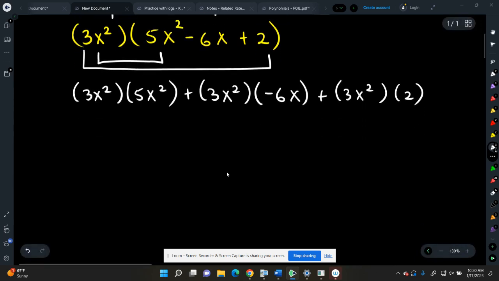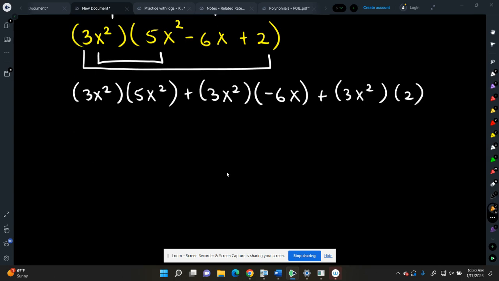Now we're going to actually do this multiplication. When we multiply 3x squared times 5x squared, what do we get? Good, 15x to the fourth. Remember, when you're multiplying the same base, you have to add the exponents. Then plus 3 times negative 6, that's negative 18.